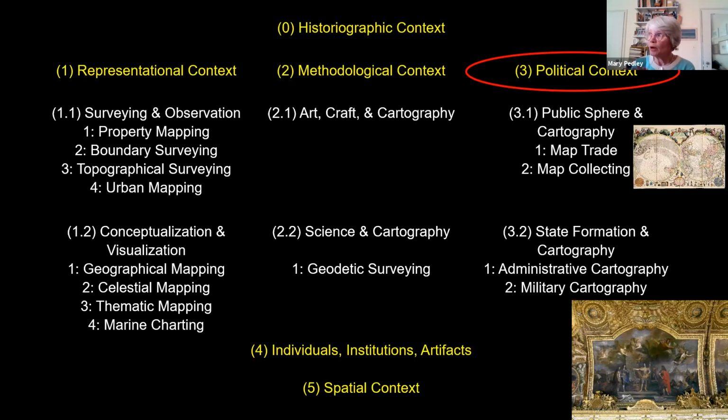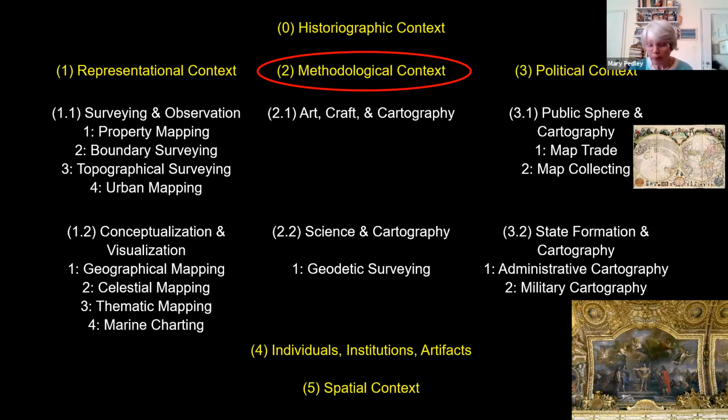You can see on the right here our Charles Price world map, which is connected in the public sphere with the map trade and map collecting. Down at the bottom, we see Louis XIV looking at his manuscript map, connected with state formation and cartography and military cartography.